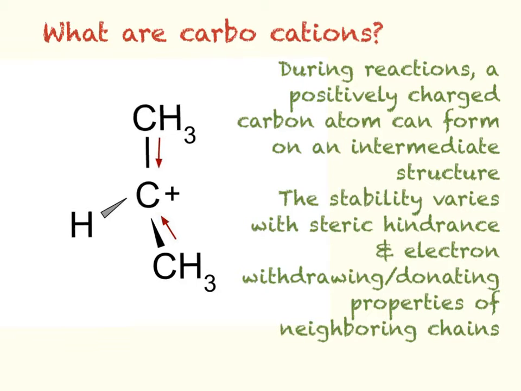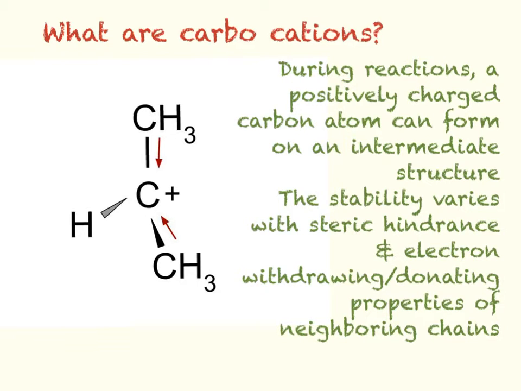Now in this case we can see the little red arrows coming in from these CH3 groups, and it turns out that CH3 and other chain structures, carbon-hydrogen chains, will actually be electron donating groups, and they will try to push electrons in to try to take away the effect of the positive charge on the central carbon atom.